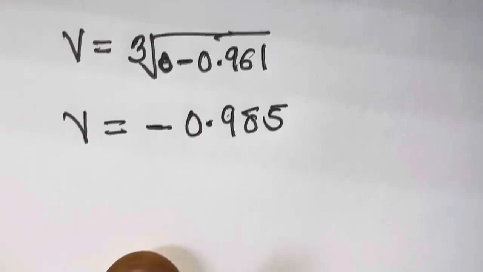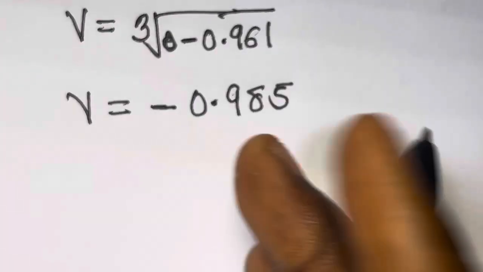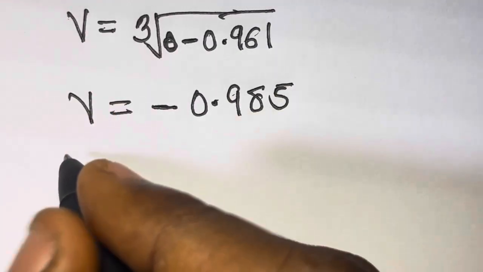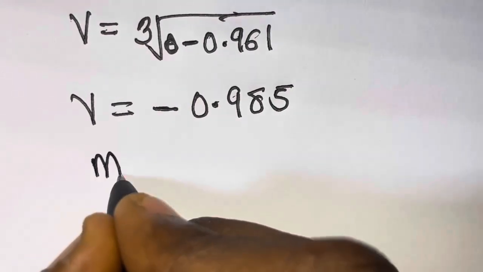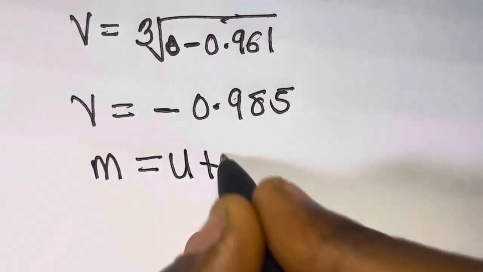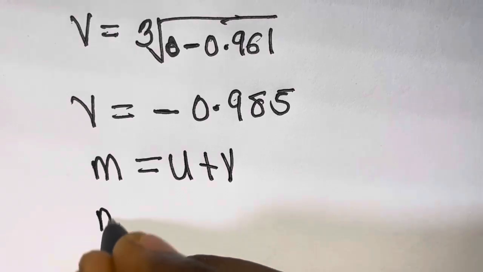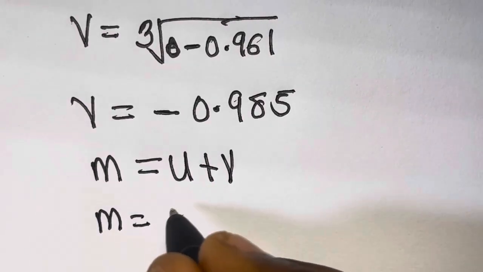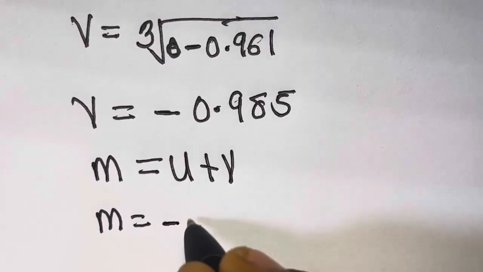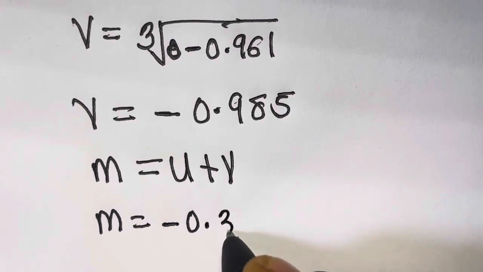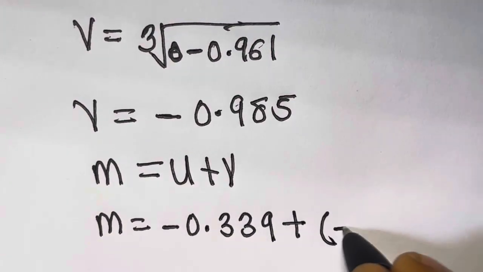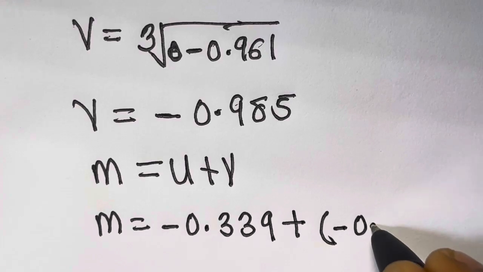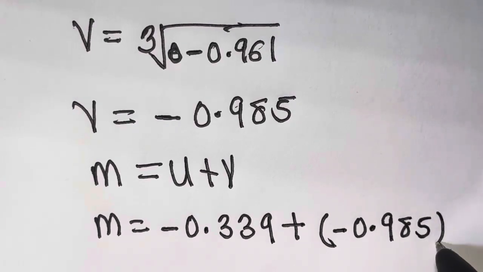Now we can finally find m. Recall that for this equation, we have m equals u plus v. The value of u we got was minus 0.339, plus the value of v we got, minus 0.985.